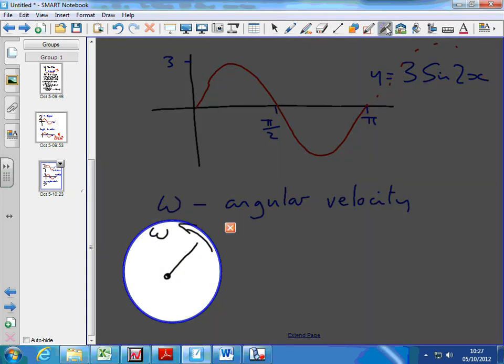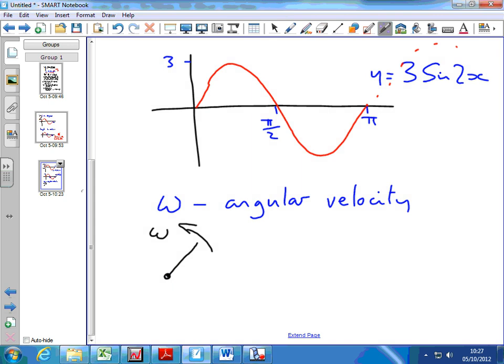And going round one complete cycle, it will sketch out this. Look, it starts at 0 here, goes up until it reaches the top there. And then it goes down to 0 again, back round to here.